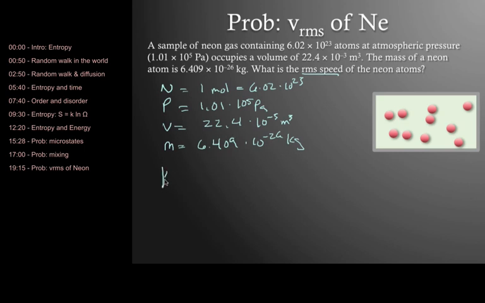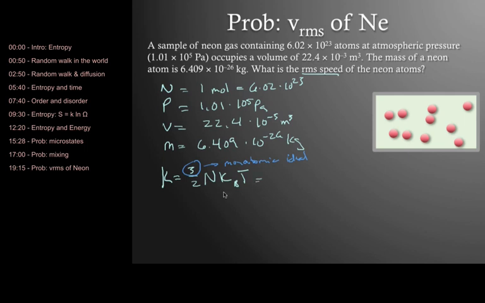So we look at the kinetic energy, and we get 3/2 kBT. For one, this 3 right here is because we're a monatomic gas. And that's important because monatomic gases are ideal gases, or very close to ideal gases.